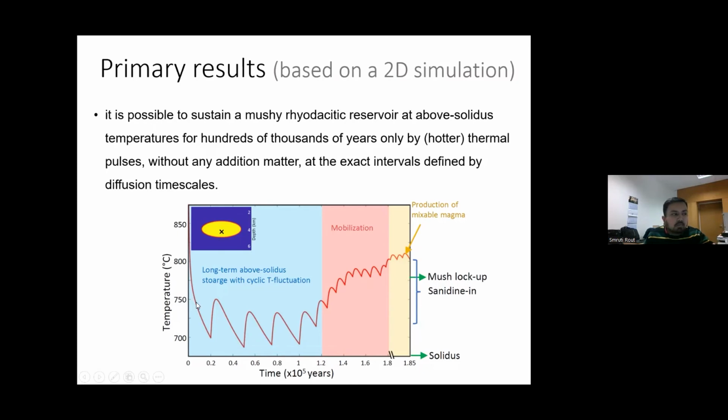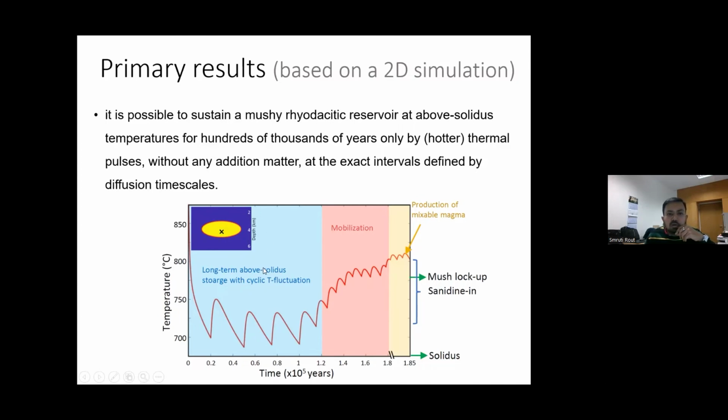So in this plot, I have this plot from an elliptical system that looks like this, and it has an area of somewhere around, if I'm not wrong, 6 to 7 square kilometers, and the plot is taken from this point marked by this cross.